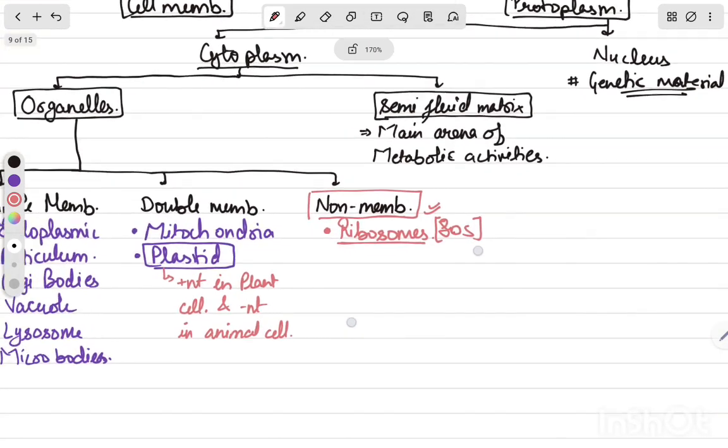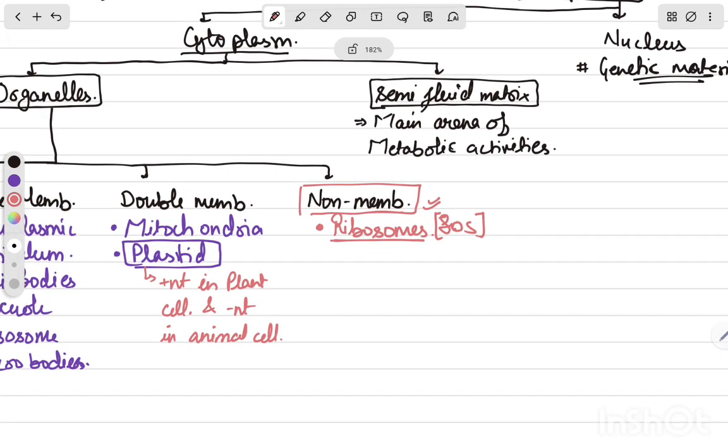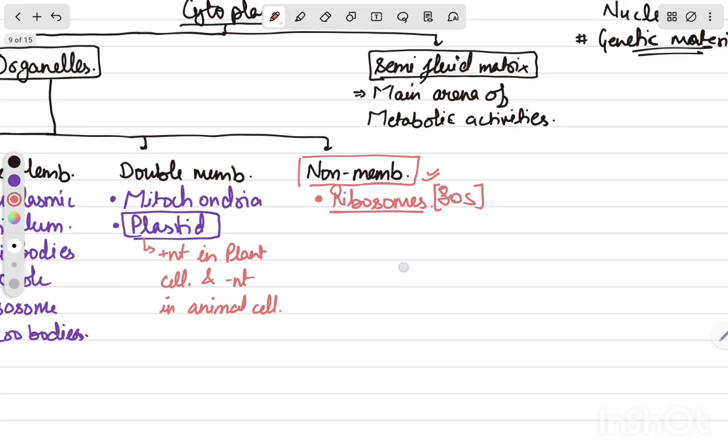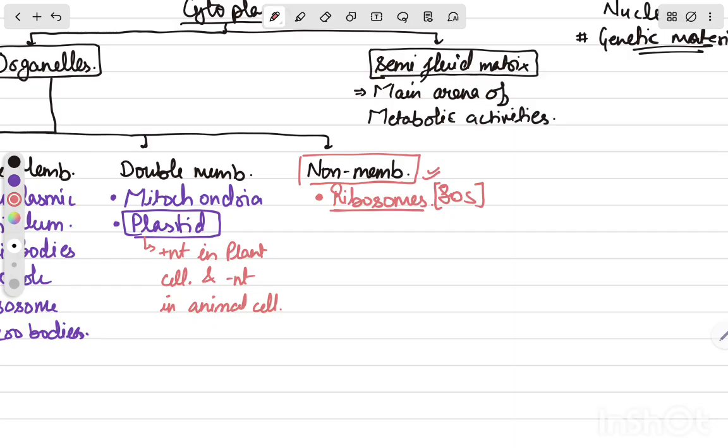We'll discuss the two subunits of 80S ribosome and its structure in the upcoming lectures. But first non-membranous organelle is ribosome. Next is centriole. Now what is the important point about centriole? We are discussing here about plant cell, but centriole is absent in plant cell.